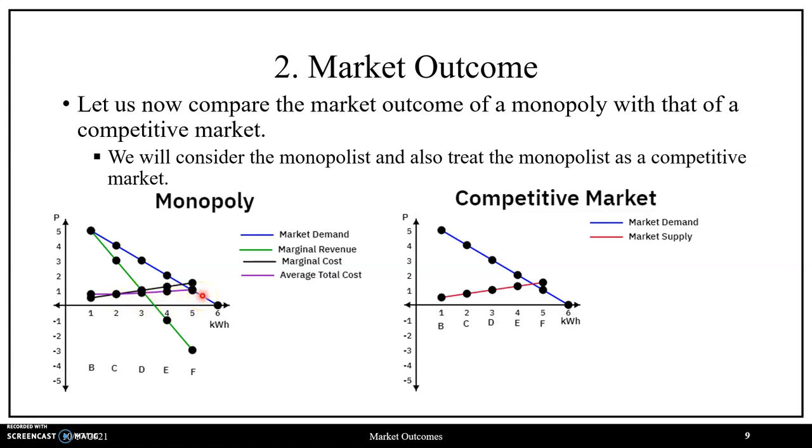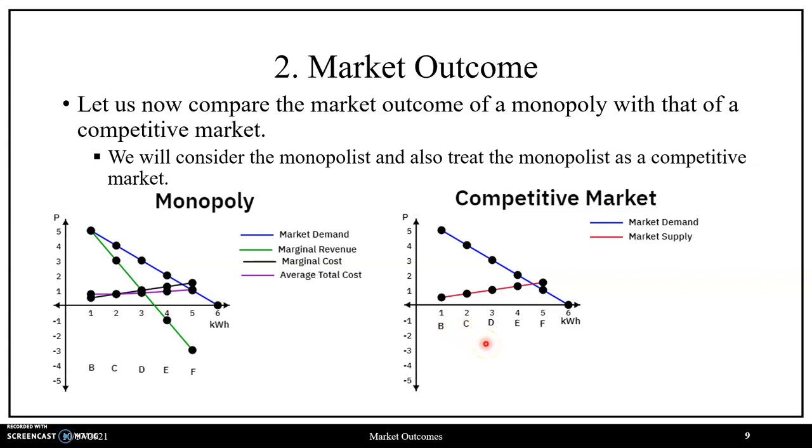We would see that the long-run equilibrium for this competitive market would have a price point of 75 cents and an output level of 5.5 kilowatt hours of electricity, in which we see a greater amount of output in the market at an even further reduced price point compared to the short-run equilibrium, and especially compared to the monopolist outcome as well.